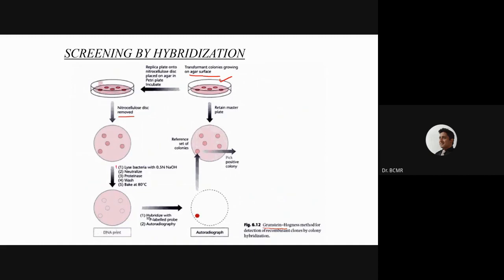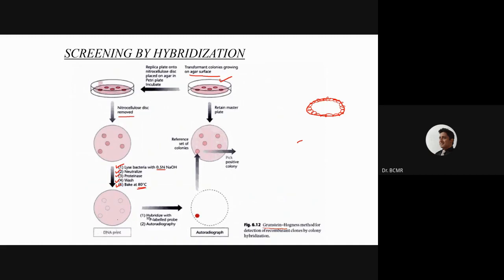Then, as I was tackling in the previous one, we are going to lyse bacteria using 0.5 normal NaOH. Then we have to neutralize and then add proteinase, because the nucleoid is with a lot of proteins also, something like chromatin in bacteria. And then we have to wash it and then bake at 80 degrees centigrade.